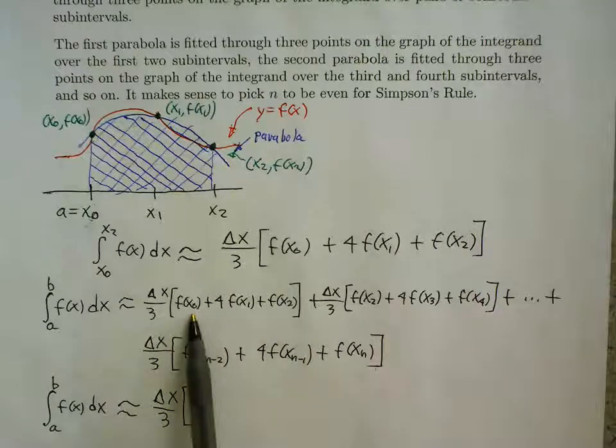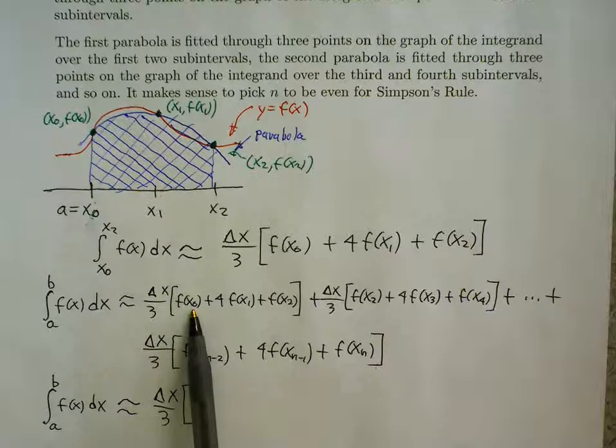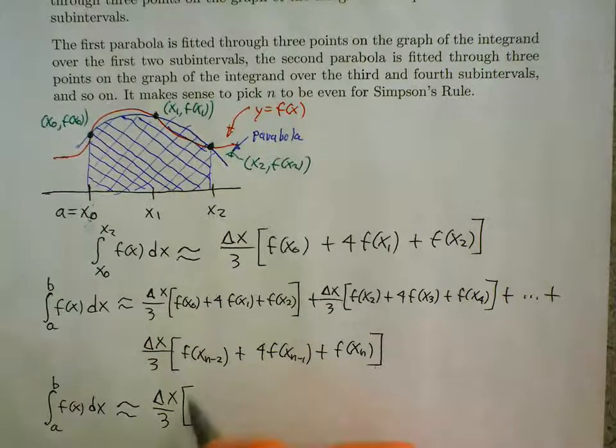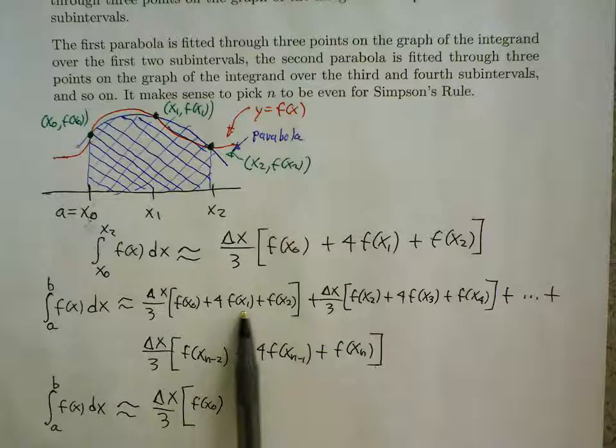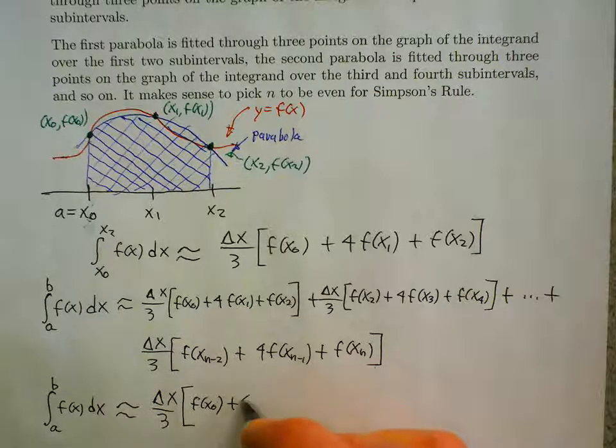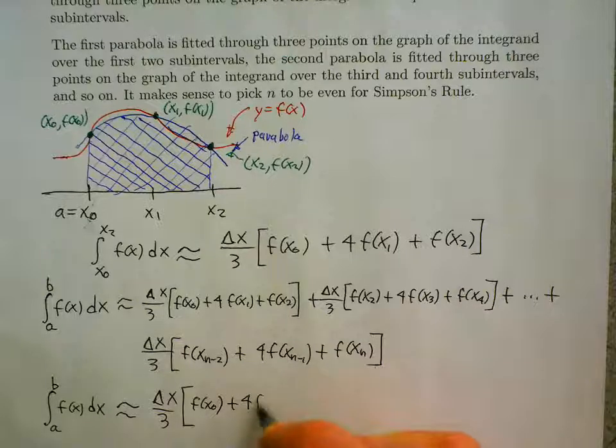Well, there's only one f of x sub 0 term, right? So we'll put f of x sub 0. There's only one f of x sub 1 term, and it has a coefficient of 4. So we'll write plus 4 times f of x sub 1.